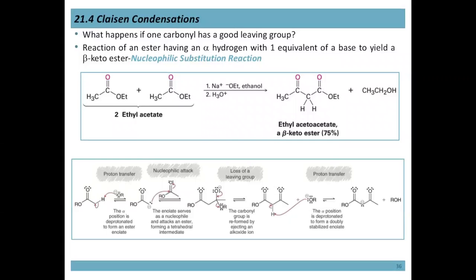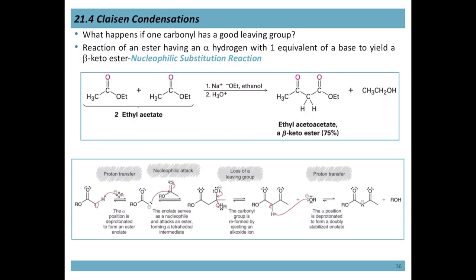So in the last section, we talked about what were known as the aldol reactions, where we took aldehydes or ketones, deprotonated, generated an enolate, and attacked another carbonyl. Well, we do have another set of carbonyls that we can consider as electrophiles, and those are esters.